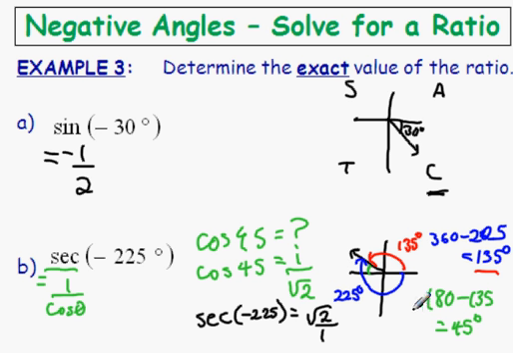Because our terminal arm is in the second quadrant, where sine is the only ratio that's positive, we know that this has to be negative. So our final answer is secant of negative 225 equals negative root 2 over 1.